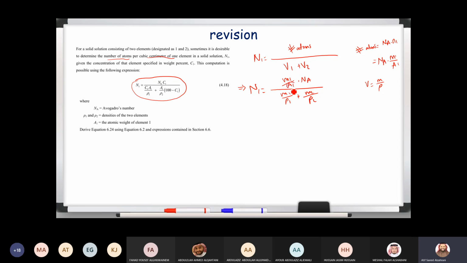So we can basically put this one here down by basically multiplying A1 over A1. So N1 is equal to M1 Na over M1 A1 over rho 1 plus M2 A1 over rho 2.